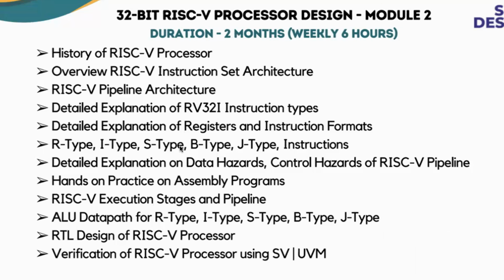First of all, we are going to discuss the history of the RISC-V processor. If you want to create any hardware, then different types of IPs or functional blocks are required. Every system, if you consider, has some hardware and software.